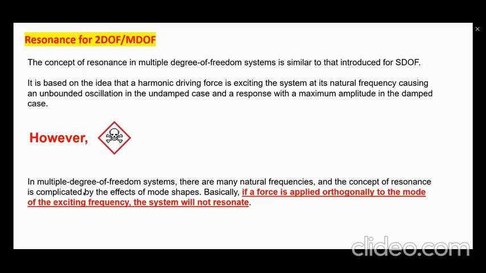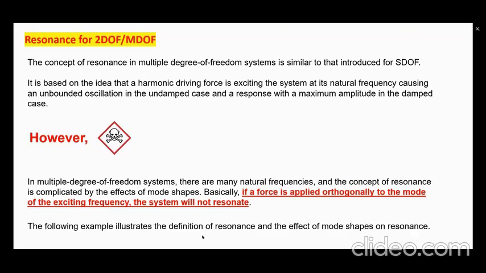However, in multiple degree of freedom systems, there are many natural frequencies. For us, there are 2 because we are looking at 2 DOF. And the concept of resonance is complicated by the effect of mode shapes. Basically, if a force is applied orthogonally to the mode of the exciting frequency, the system will not resonate. And I'll mention that to you in the context of an example.